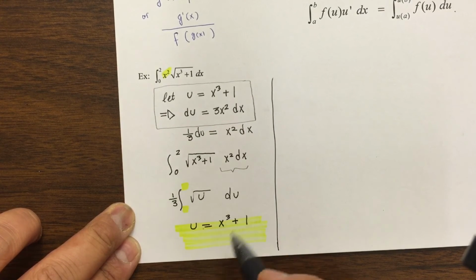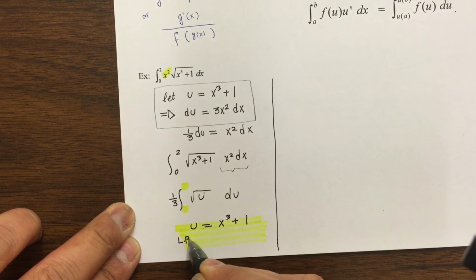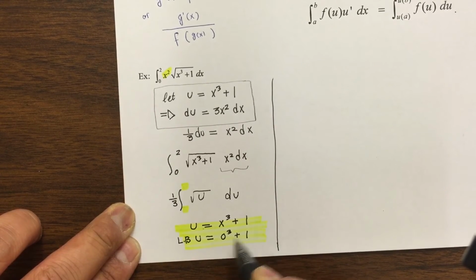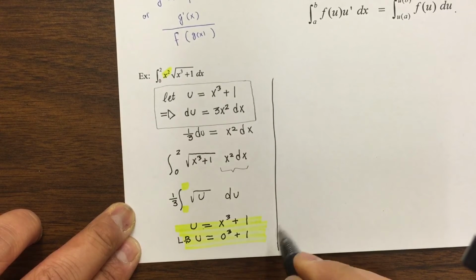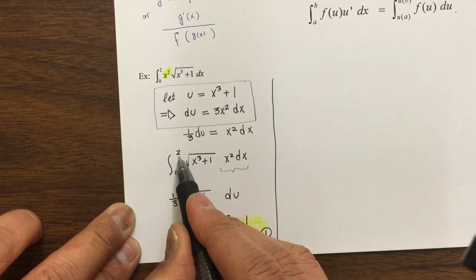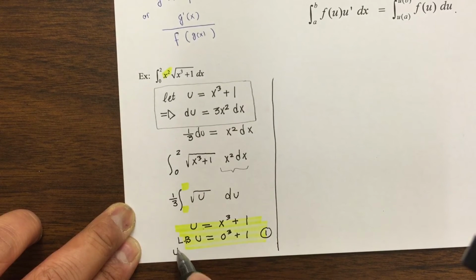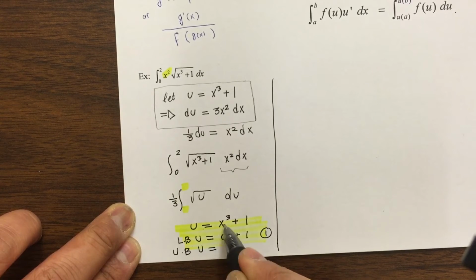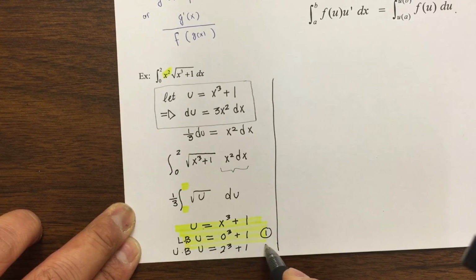So your new lower bound: plug 0 in for x, and your new lower bound is going to be 1. The new upper bound: replace 2 in for x, and that equals 9. So that's your new upper bound.